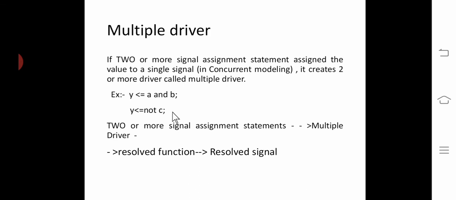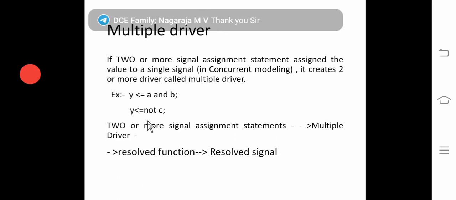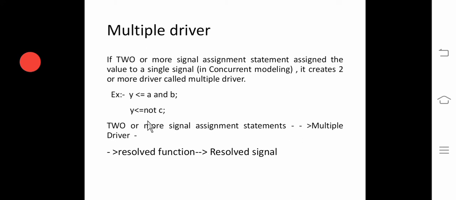Here, for only one variable we are assigning two outputs. Then it creates drivers for the two assignments. Then it is called a multiple driver. I will tell you once again because I want to make it clear to you.